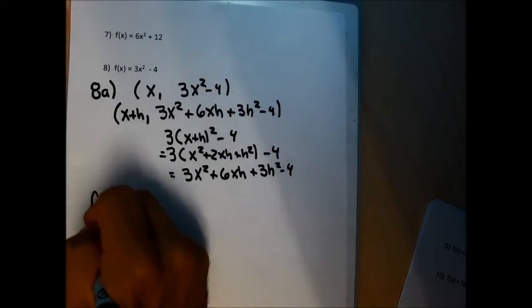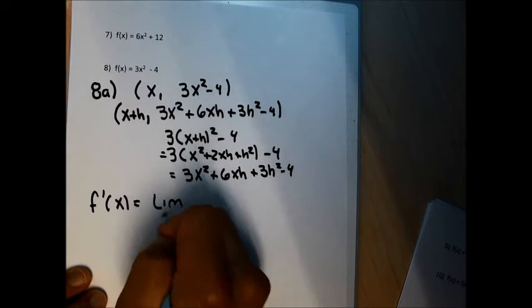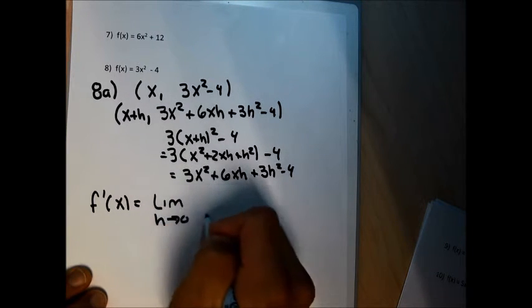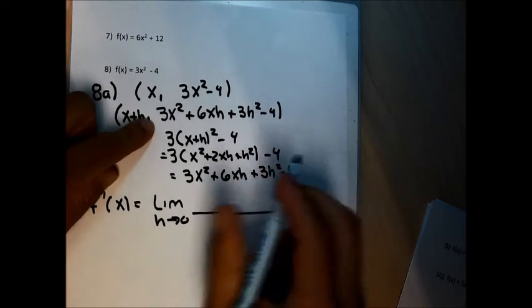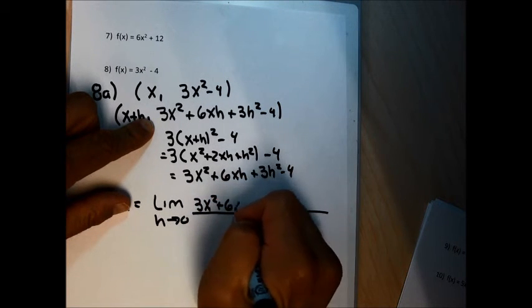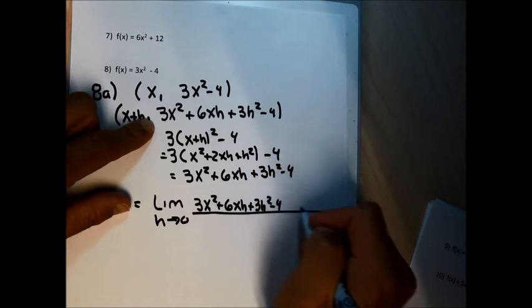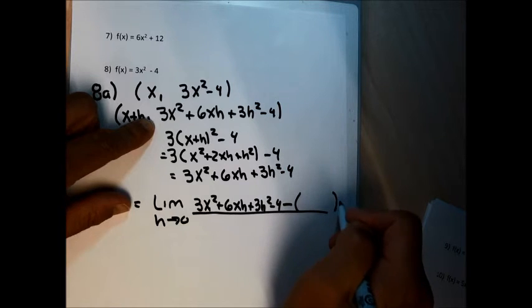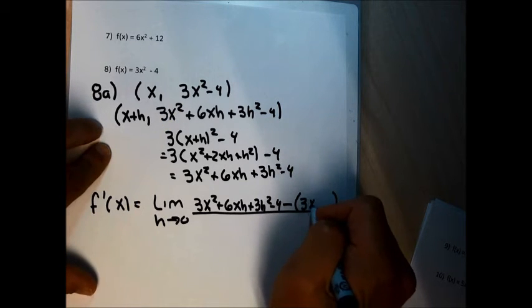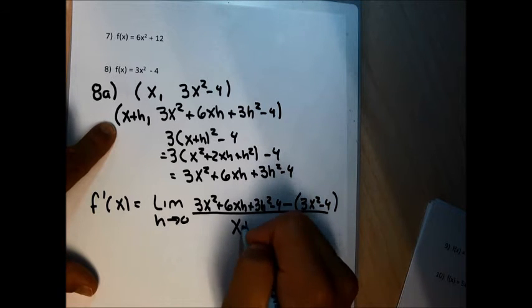The derivative f prime of x equals the limit as h goes to 0 of y2, 3x squared plus 6xh plus 3h squared minus 4 minus y1 in parentheses, 3x squared minus 4 over x2, x plus h minus x1.